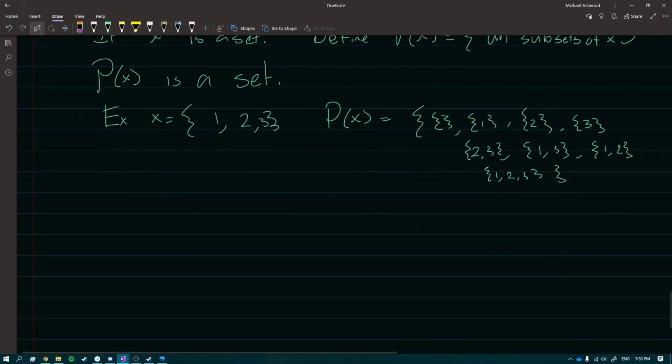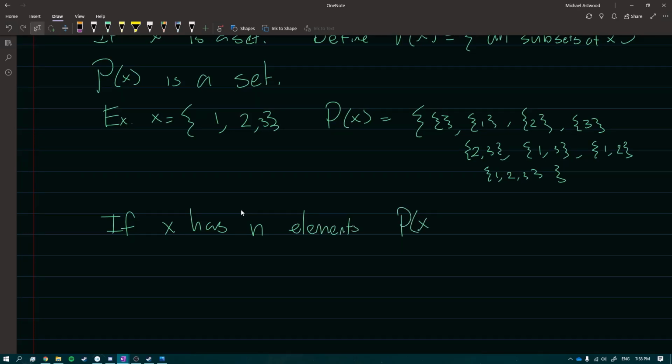So if x has n elements, then P of x has 2 to the n elements. And I'll leave that as an exercise.